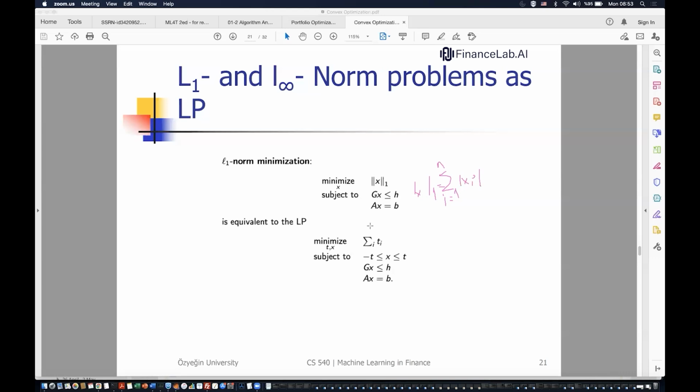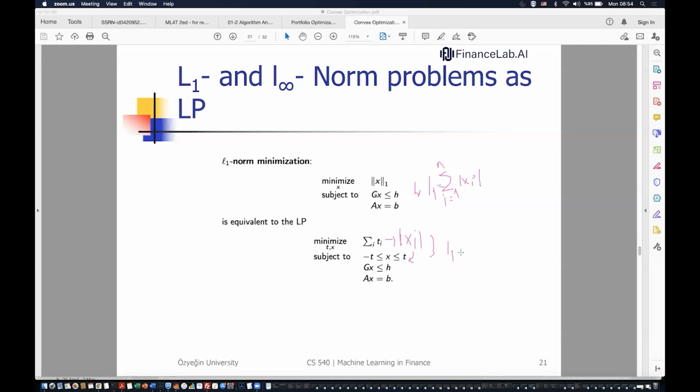In this case, it's the summation of the ti's, where ti is the absolute value of xi. And for each xi, the absolute value can be expressed as below: for each xi, we have minus t smaller than x, as well as x smaller or equal than t. And these are the constraints that have been added.